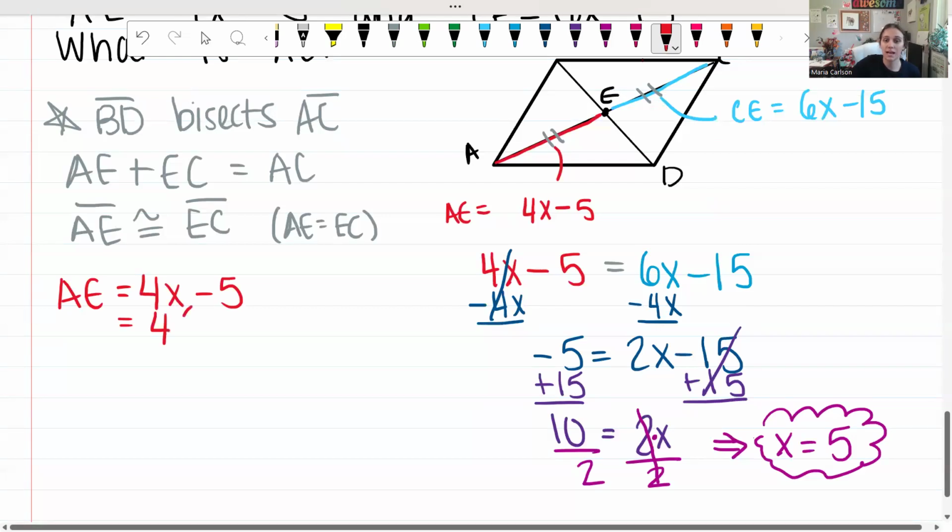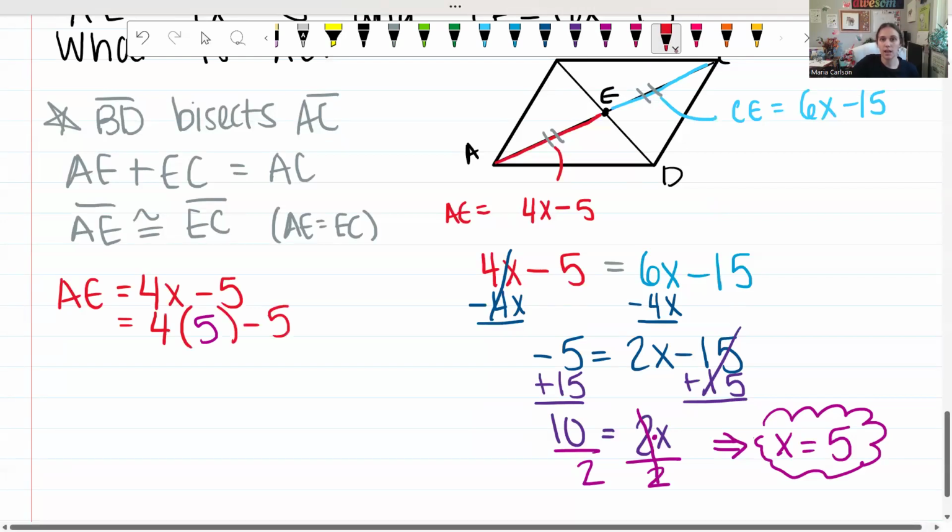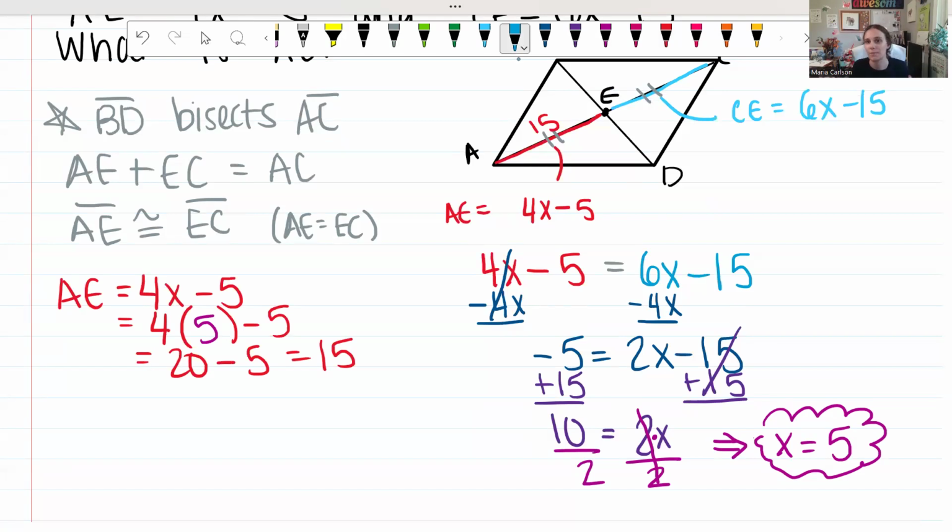That is 4 times our x, which is 5, minus 5. And 4 times 5 is 20. So 20 minus 5 gives us a length of 15. So this length AE is 15.